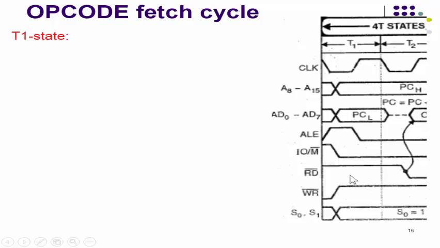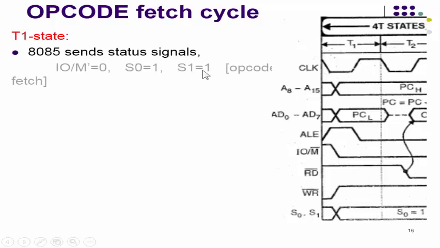Okay, so we will go T state wise, looking at the things which are happening during each T state, that is during T1 state, T2 state, T3 state, T4 state.